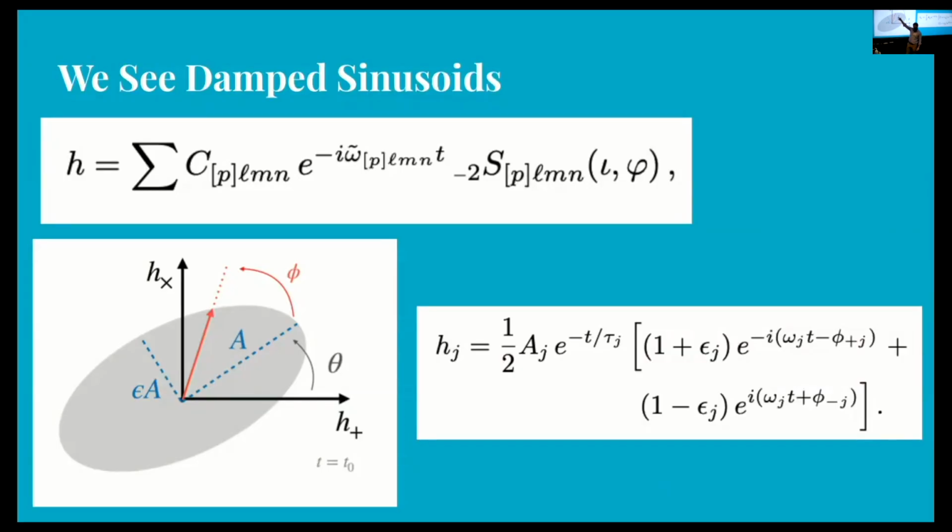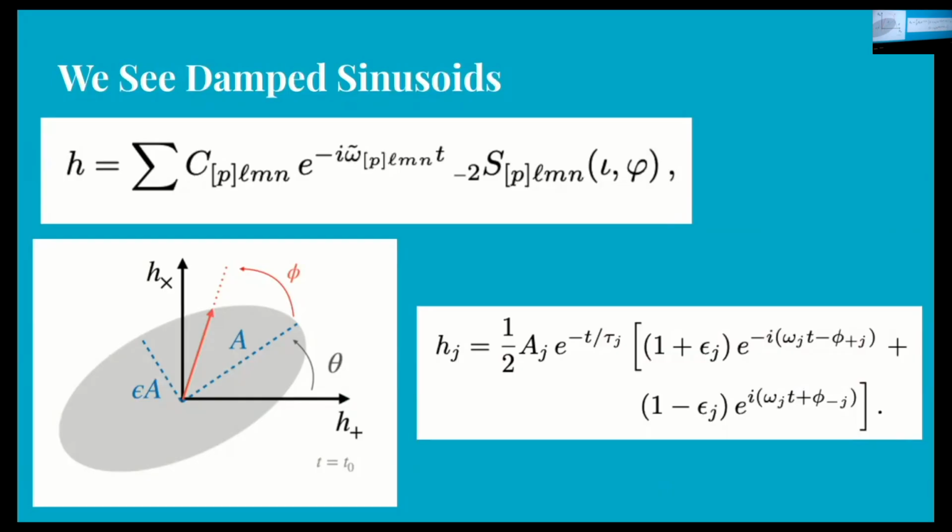The two quadratures, the plus and cross quadrature, go around in an elliptical pattern, and epsilon is the ellipticity of that. Epsilon equals 1 gives you circularly polarized. Epsilon equals 0 gives you linearly polarized at some angle. There's a phase to the two. In this picture, these are sort of counter-rotating modes. There's a phase to each one. The frequencies are the same as those frequencies.